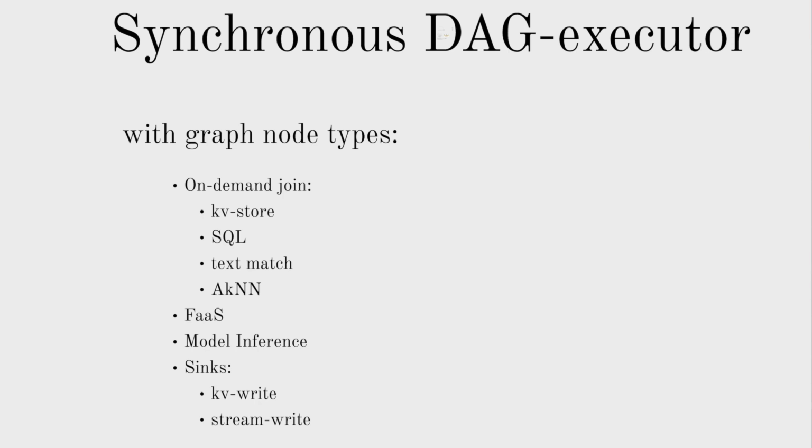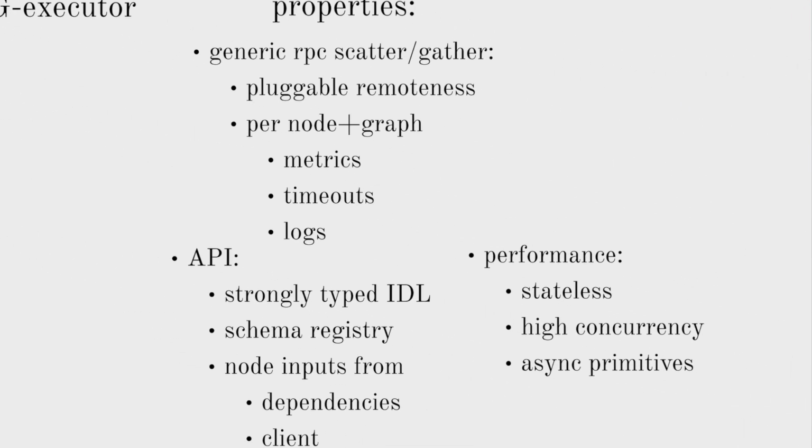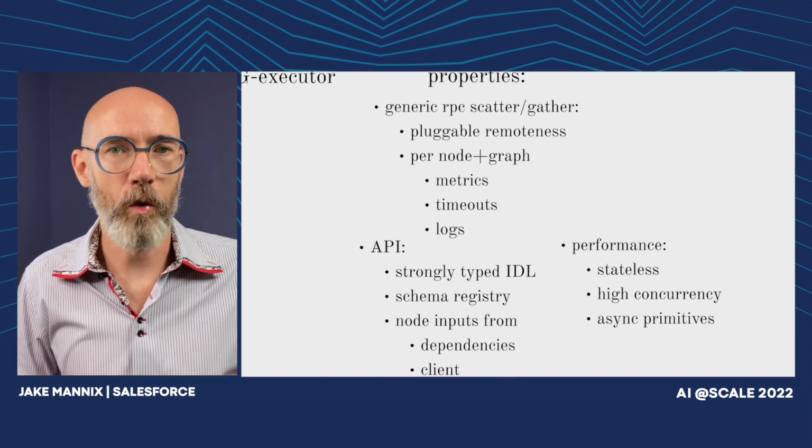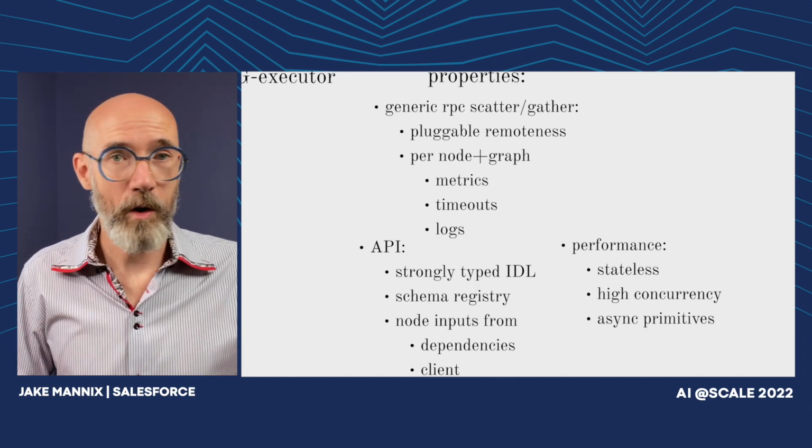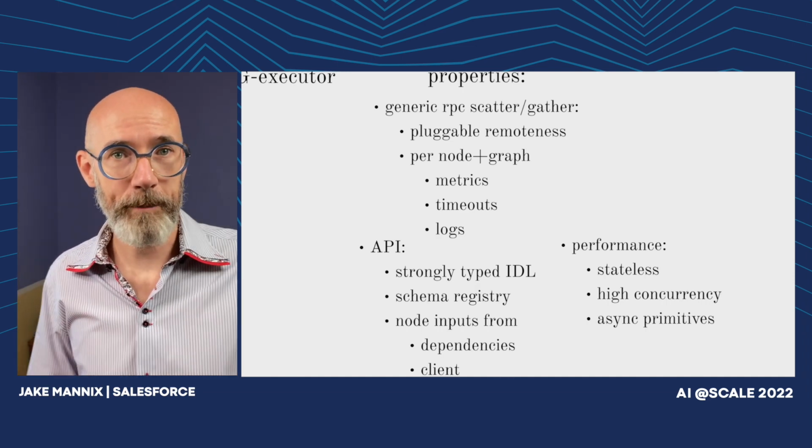So this is a stateless service that talks to a lot of other services. It's got generic RPC scatter-gather. At a high level, it's got pluggable remoteness. A DAG node itself is code that says I can implement tokenization or text embedding or vector similarity lookup.